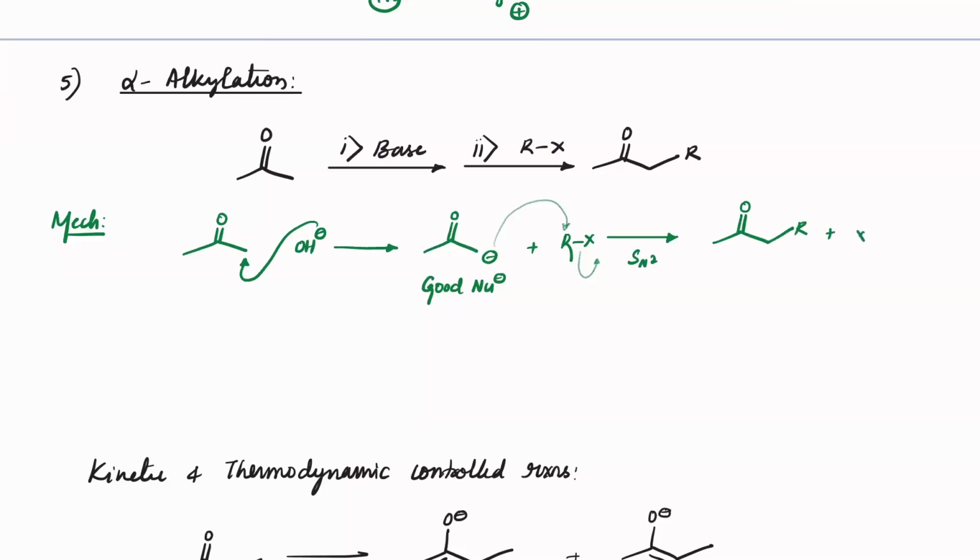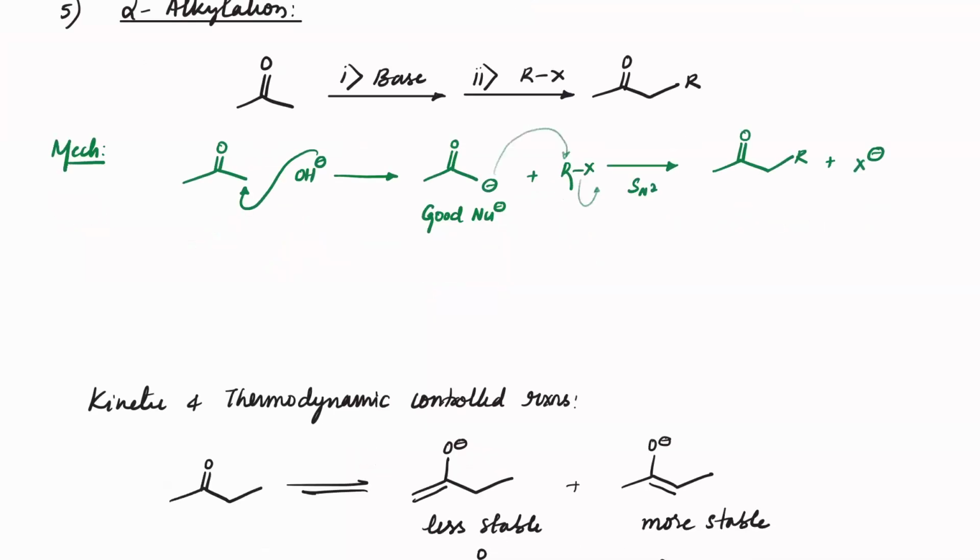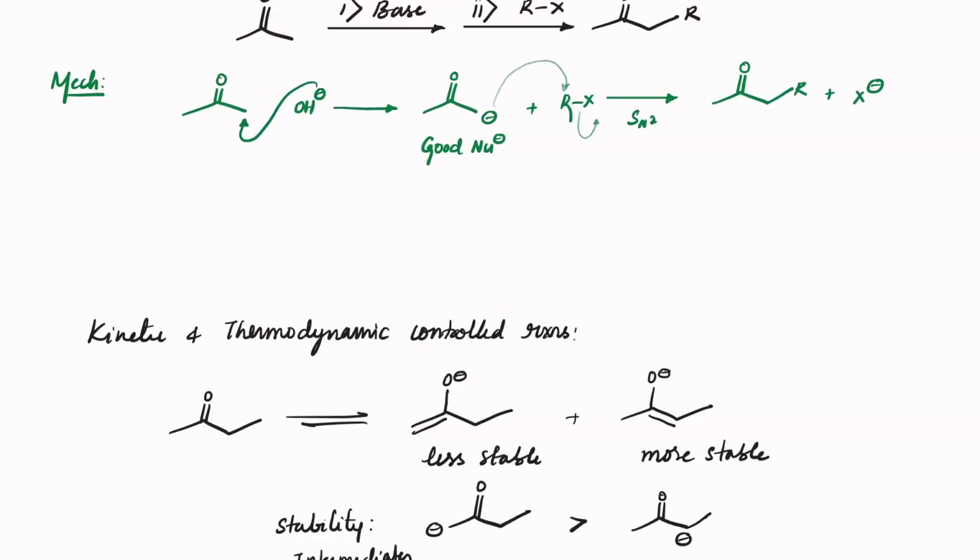So this is the product you will get. This kind of substitution is what we call alpha alkylation. Now, what we have to understand for alpha alkylation is these 2 points. Check out.